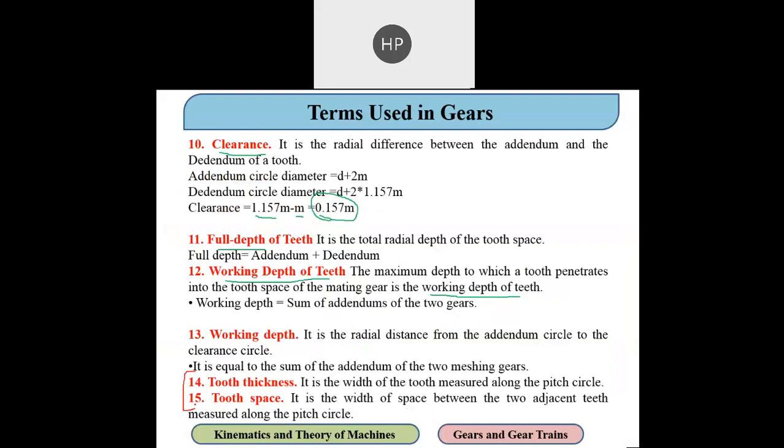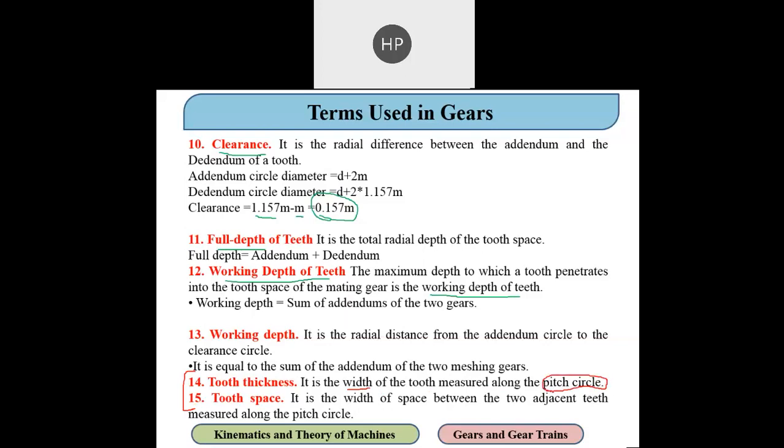Tooth thickness. What will be the thickness of the tooth and how will you measure it? This is the thickness of the tooth. So how will it be measured? It is the width of the tooth measured along the pitch circle. Where do we have to measure?